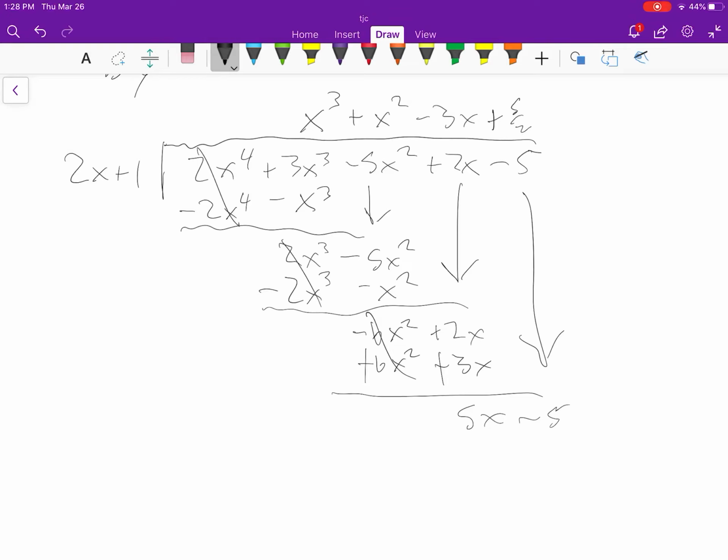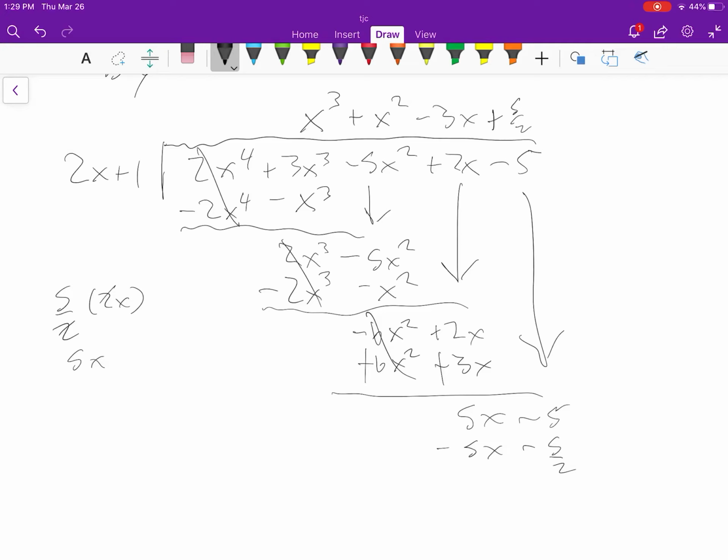If we take 5 halves and multiply by 2x, I'm going to do it over here on the side. What does that give us? Well, the 2's cancel. That'll give you 5x. So that's what we need. We need this 5 halves. So 5 halves times 2x will give you 5x. And then 5 halves times 1 will give you 5 halves. Then we change their signs, so this becomes negative.